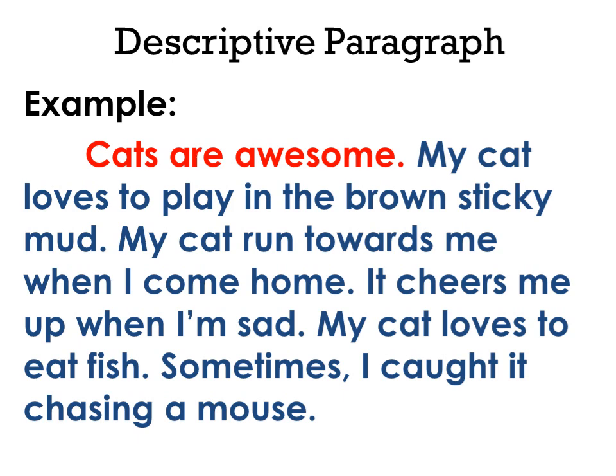So, for example: Cats are awesome. My cat loves to play in the brown sticky mud. My cat runs towards me when I come home. It cheers me up when I'm sad. My cat loves to eat fish. Sometimes I caught it chasing a mouse.